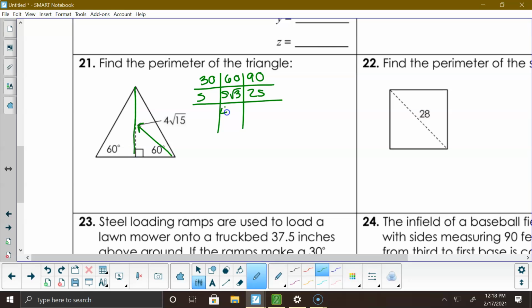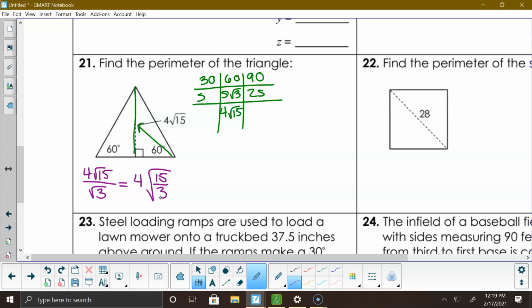Okay. So I've got 4 square root of 15, divided by square root of 3 again. Now I'm going to show you a little bit of magic. If you have 2 square roots and they're dividing, you can slap them under the same square root. It's just like multiplication. I can multiply them under the same square root, or I can break them apart.